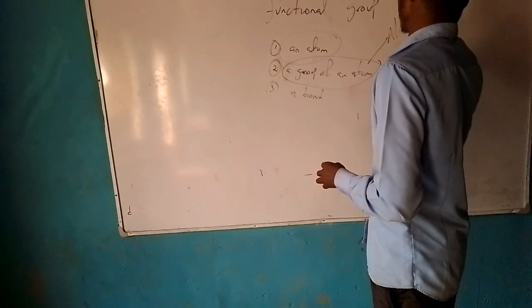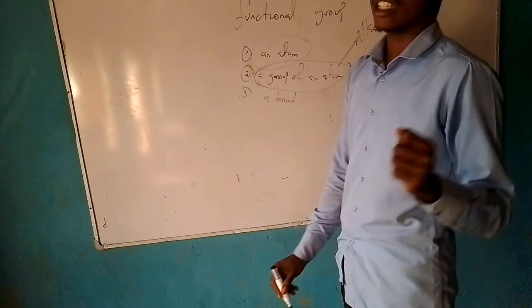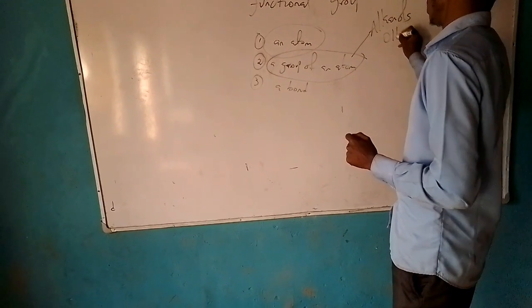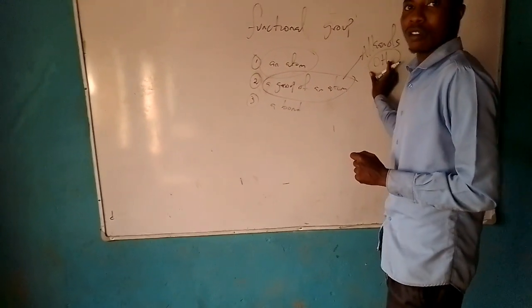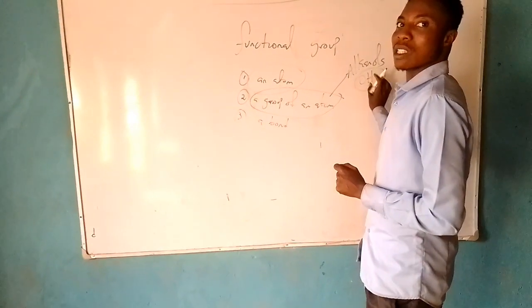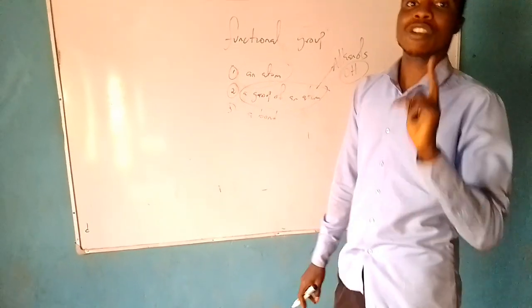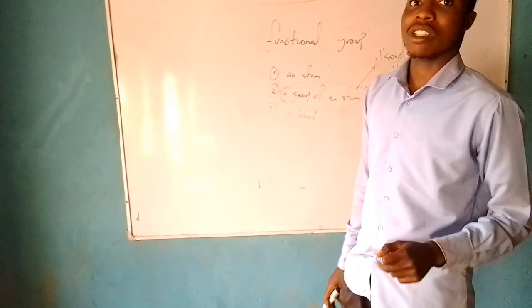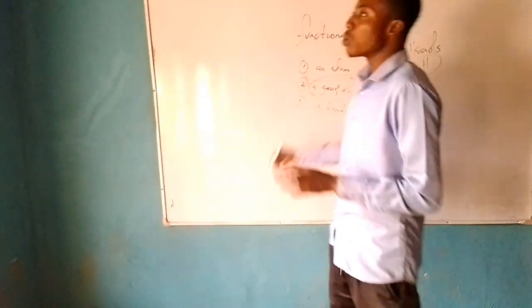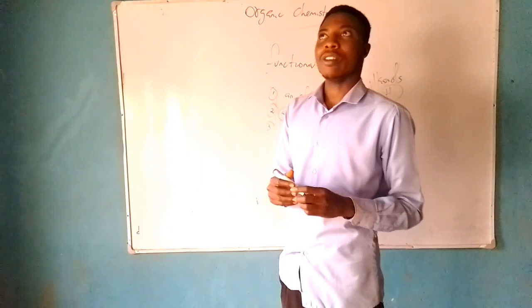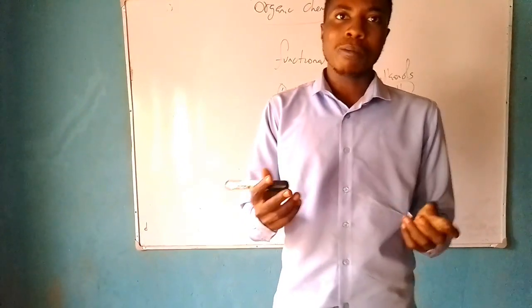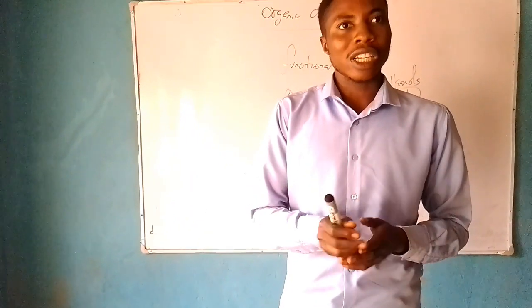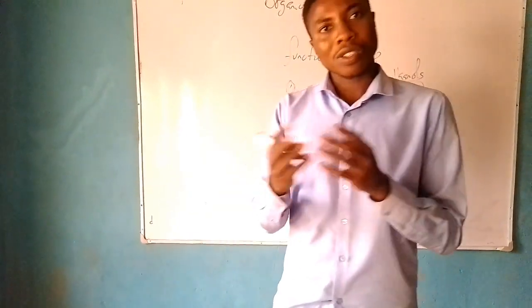The alkanols, how we identify them is that they carry OH. Because of this OH, this is the functional group, and it determines their physical and chemical properties. For example, when we talked about the characteristics of organic compounds, we said that organic compounds can't dissolve in polar solvents.